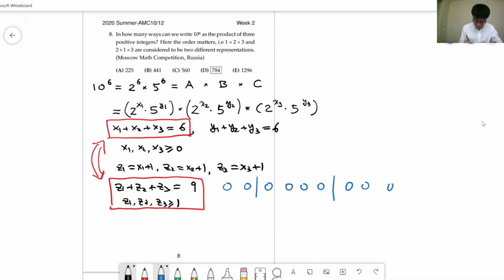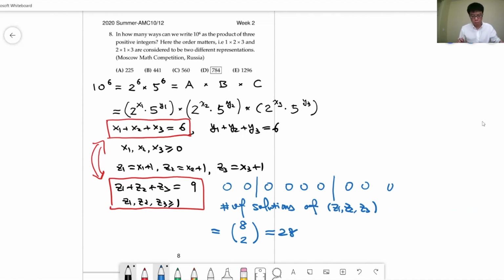So the total number of solutions of z1, z2, z3 is choosing 2 positions from these 8 gaps. That's the answer. This equals 28. So there are 28 solutions for x, and the same, 28 solutions for y.